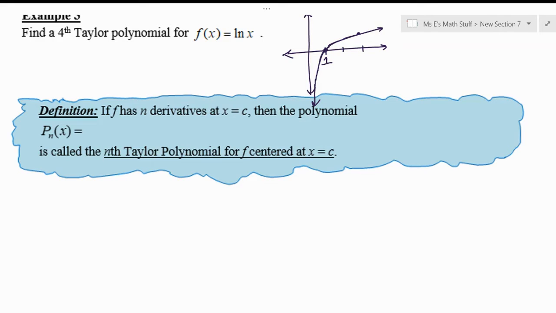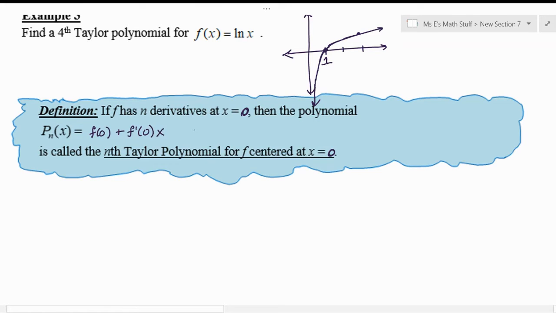Now, as far as writing it out goes, I'm going to use a little trick here. Don't copy all this. I'll let you know when I get to the part that you'd need to copy. But what if c was 0? Let's say I change c out for a 0. Well, that would be what we've been using so far, right? So you do f of 0 for the first term plus f prime of 0 times x.